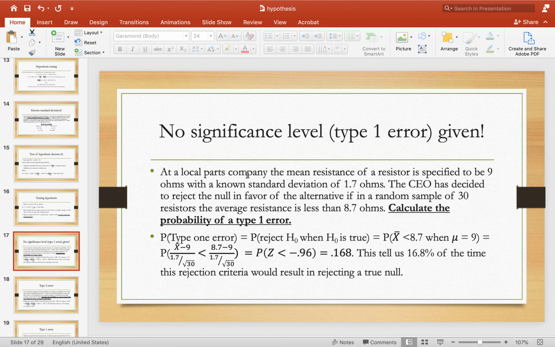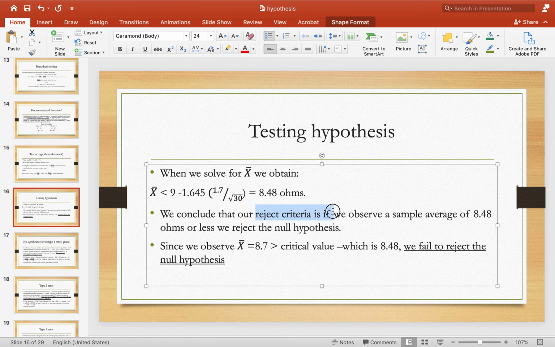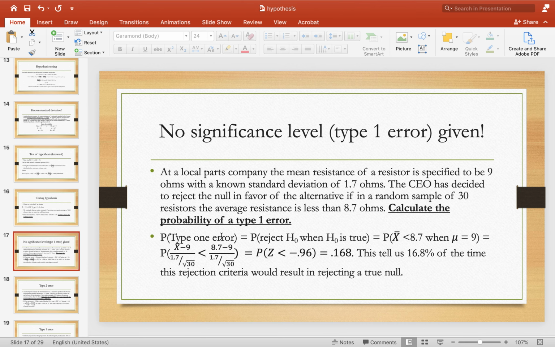Now, in our last examples, our ultimate goal was to determine the critical value, our rejection criteria. This was not given to us in all the previous examples. But in this example, we are given the rejection criteria and we're not given alpha.